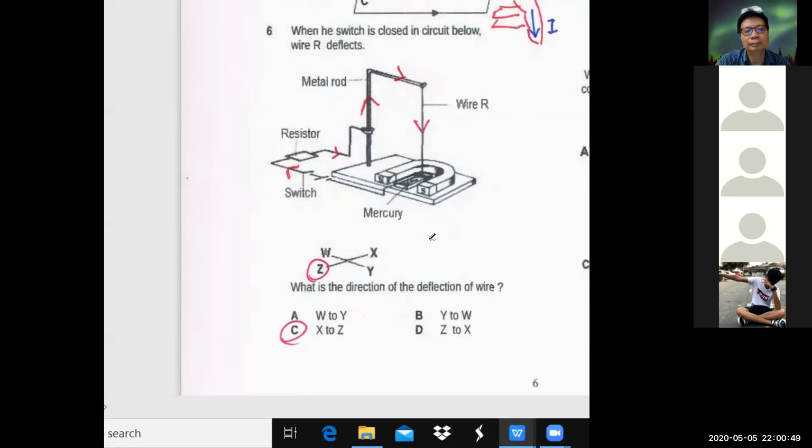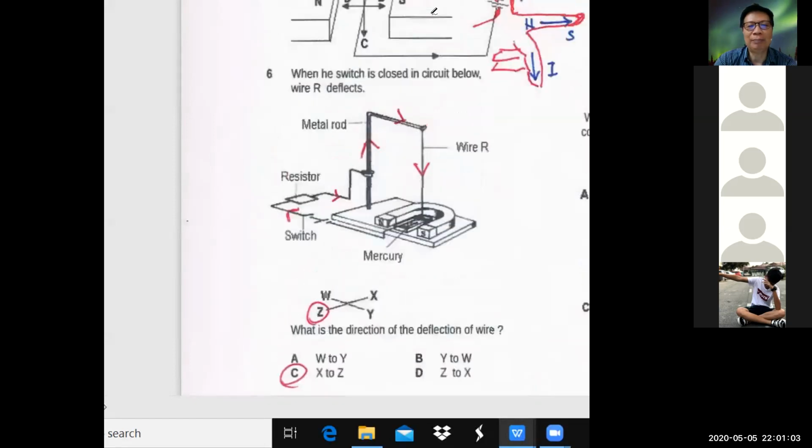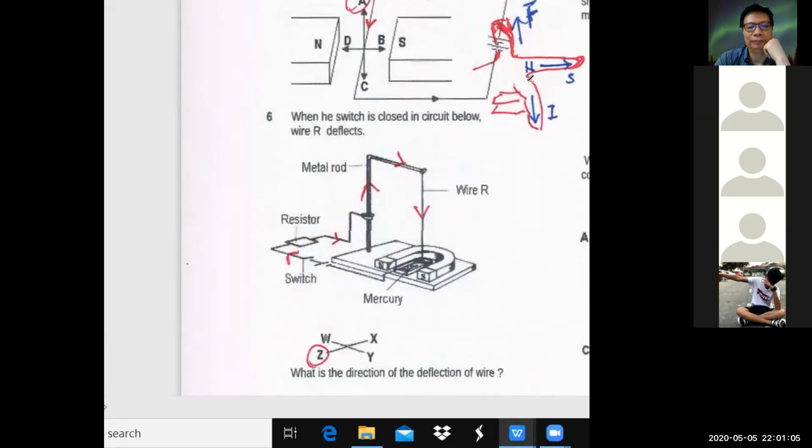So your hand, fingers, first finger follows here, north to south. Second finger follows current from inside come out. I think it's the same as this one, same diagram. Magnet north south, right? This current comes out. Then the thumb points up, then why is Z?